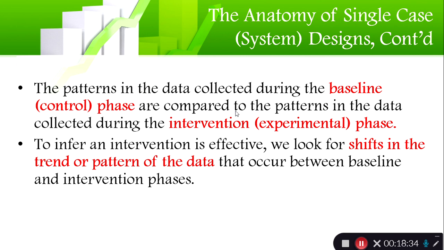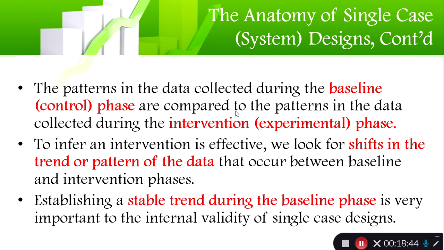To infer that an intervention is effective, we look for shifts in the trend or pattern of the data that occur between baseline and intervention phases. Establishing a stable trend during the baseline phase is very important to the internal validity of single case designs.